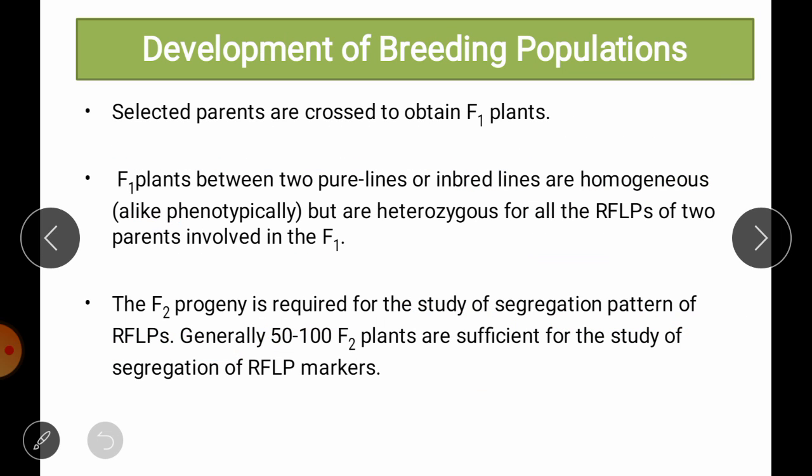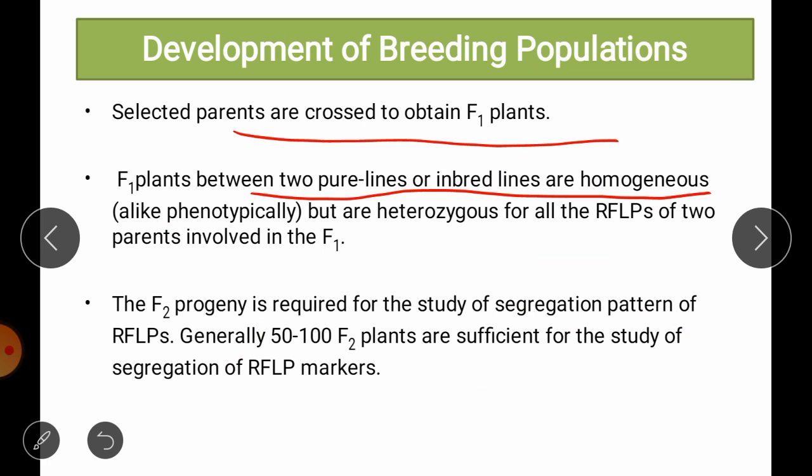Then second step is development of breeding population. So after selection, you have to make a cross between these selected parents to get F1 seeds. So the F1 between these two pure lines or inbred lines is homogeneous, as well as heterozygous for all the RFLPs. Okay, plants are homogeneous but heterozygous.